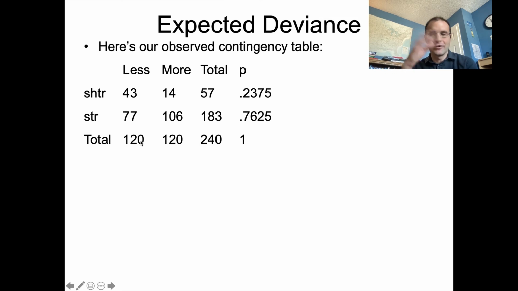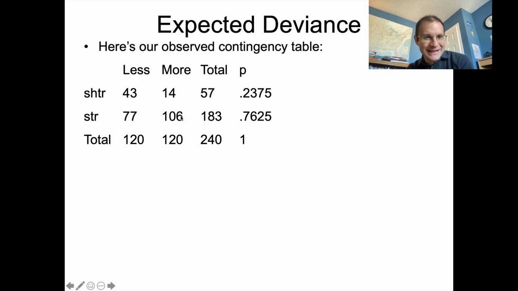And like I said, for what we did before for logistic regression, that's not the proportion you want to be comparing, but this is just how we're going to generate the expected table here. So 43 divided by 120 is 0.2375. 77 divided by 120 is this number. 14 divided by 120, and so on.